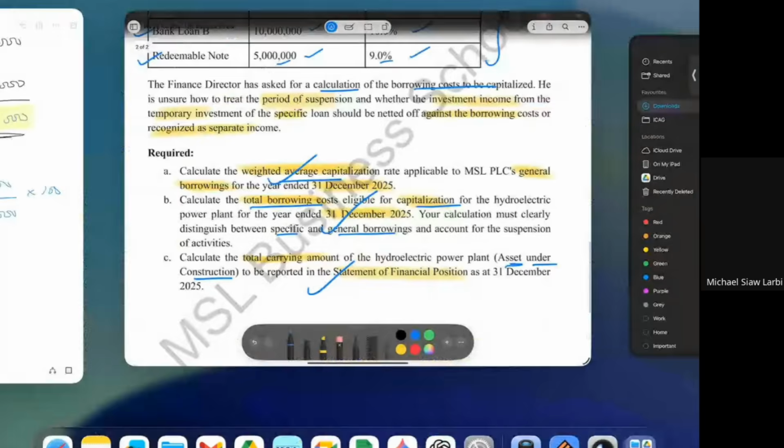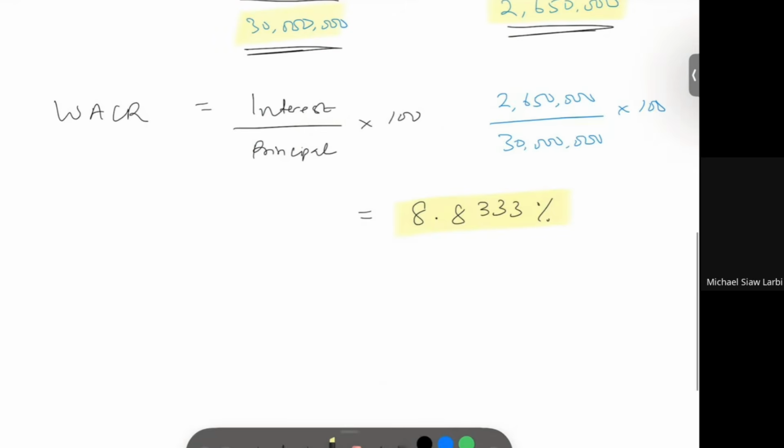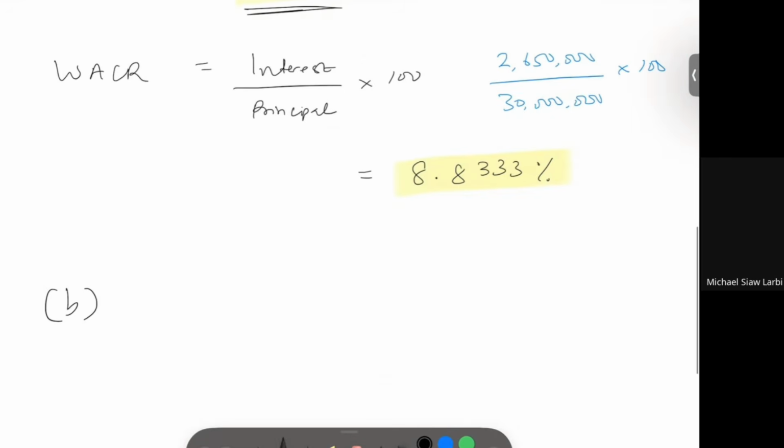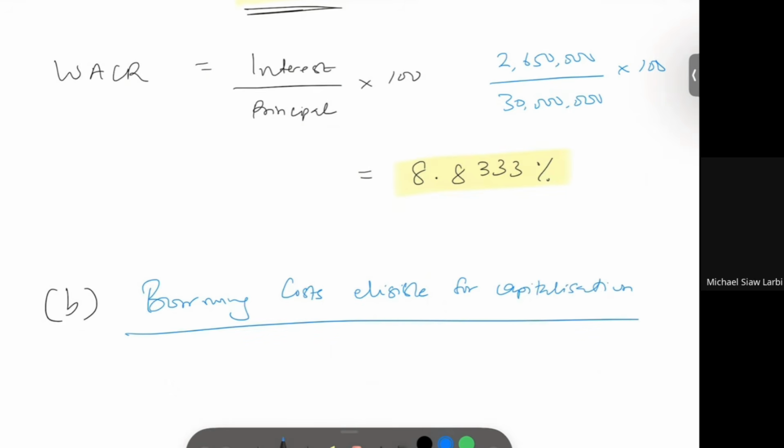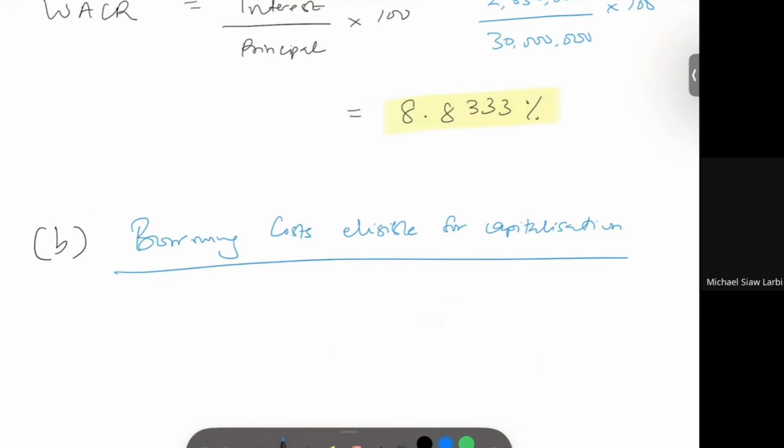Let's do a little analysis here. So for requirement B, I'm going to look at the borrowing costs eligible for capitalization.